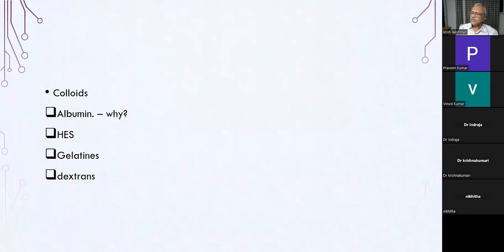You give more of it, taking into account that it doesn't stay much in the circulation. In essence, you give about 3 times the calculated amount of fluid that you want in the intravascular volume, because only 1/3 of the crystalloid stays in circulation. Now you have to tell us about the disadvantages of albumin.